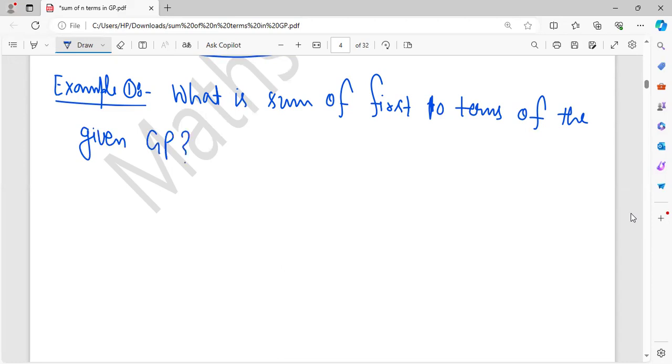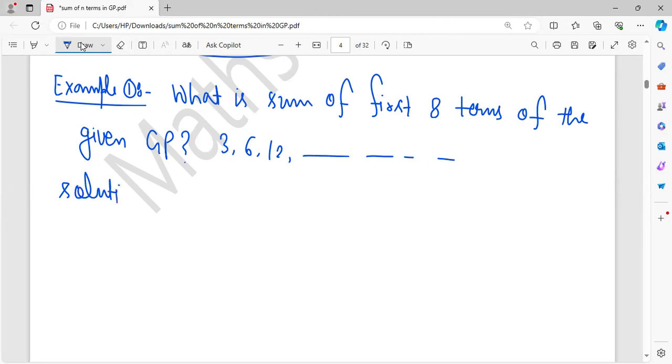You can also ask for eight terms: what is the sum of the first 8 terms of this GP? You can ask 8 or 10. So what is the GP? The GP is given as 3, 6, 12, and so on.